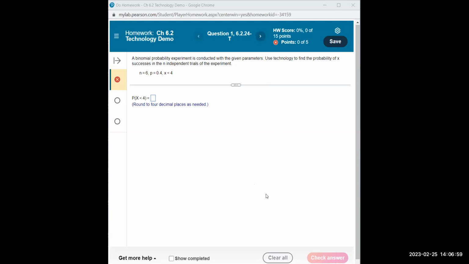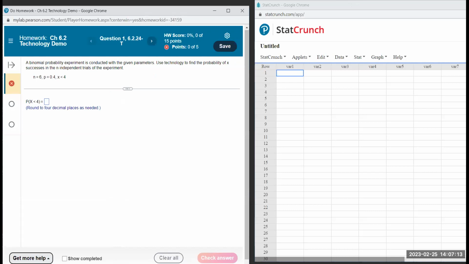You can do that by going to the main page of MyMathLab and selecting StatCrunch. Let me share this window with you. So in 6 trials, the probability of a success is 40%.